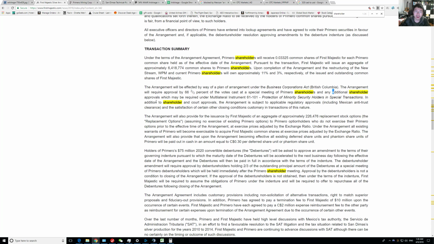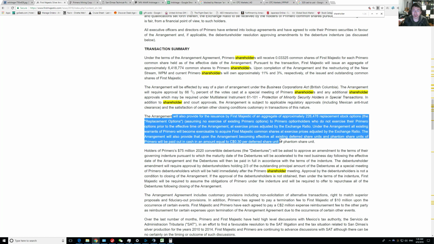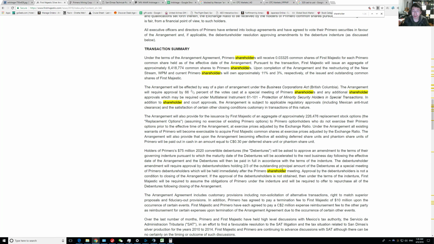Second one is going to be court approvals, essentially like antitrust clearance and all that stuff. And then it has a bunch of stuff in terms of Wheaton. Primero's debenture holders also have to approve this. Wheaton has approved this because Primero actually took out a Wheaton stream, and that's essentially what screwed them up. So they had to sell themselves.